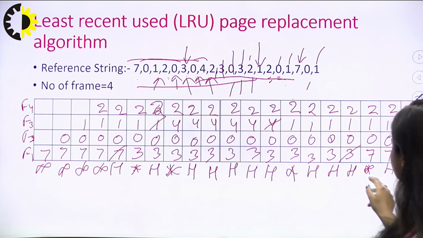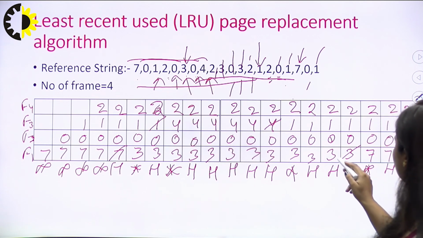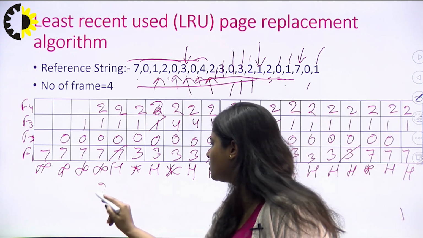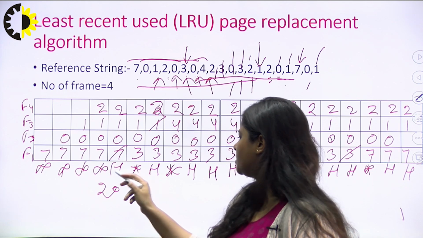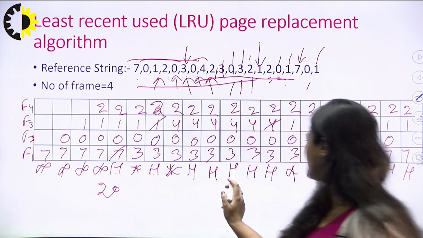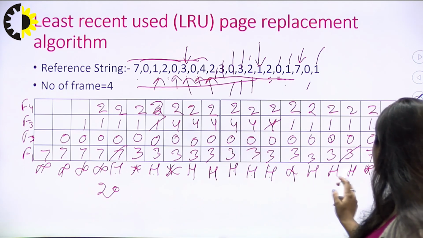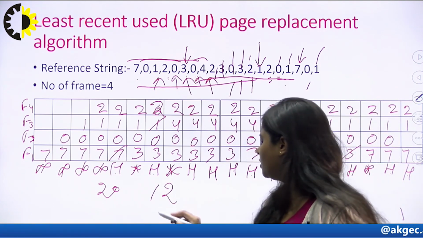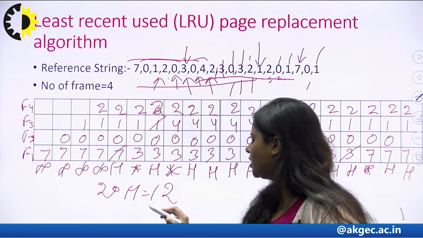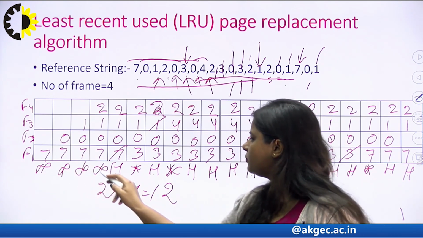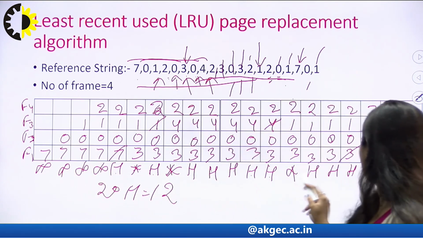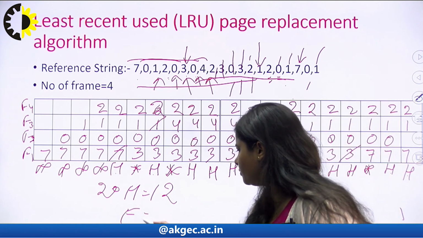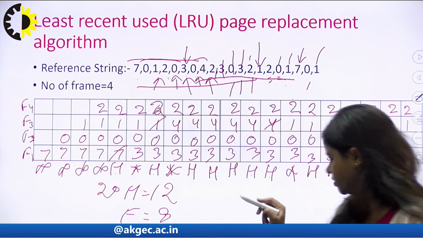So you can see over here that 20 is the total number of references used, and the number of hits are 12. Page faults are 8. Again here we have found out that 8 faults were here.